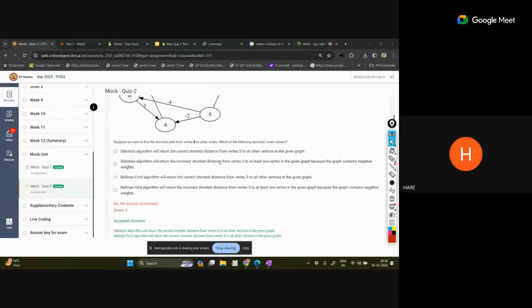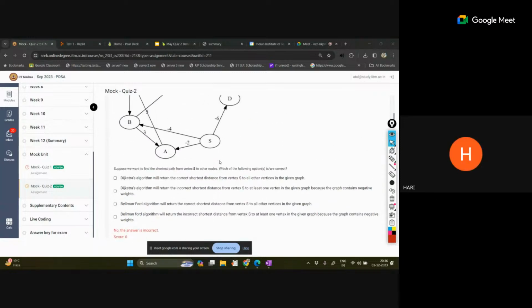When the weights are negative, we can apply the Dijkstra algorithm, but it can give either an incorrect or a correct answer. Because of that, we say that the Dijkstra algorithm may return incorrect output, so don't apply it.